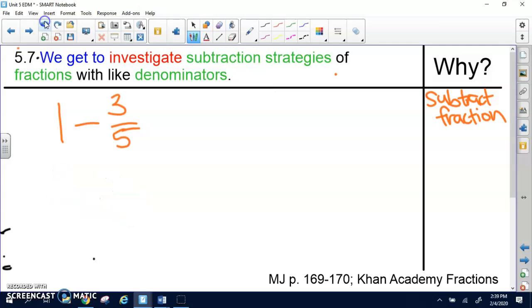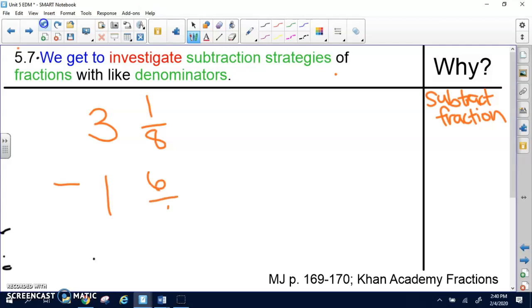And then one more thought here. And I don't know that you'll have to be doing this today, but I do want you to start thinking about this. Sometimes you'll get something like 3 and 1/8 minus 1 and 6/8.